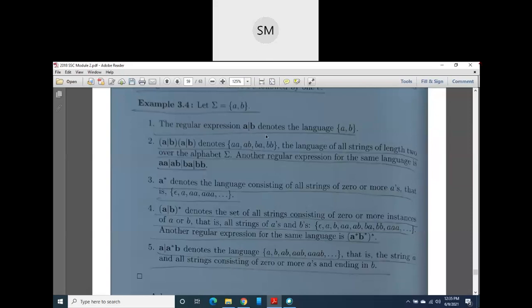Or you can call them sets, or languages also. This A belongs to this language, or B belongs to this language. So like this, the regular expression A union B denotes the language {A, B}.